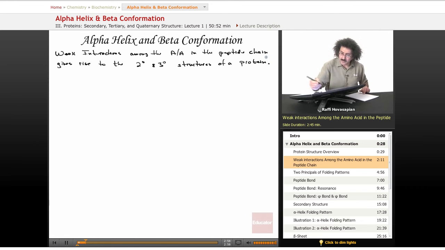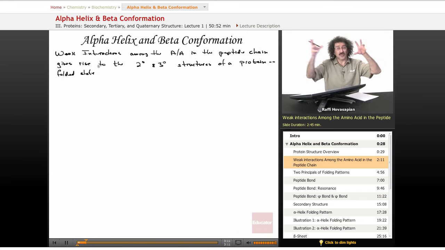In other words, secondary and tertiary structures just mean its folded state. So a protein doesn't just stay as one long chain of amino acids. It actually takes on some conformation.